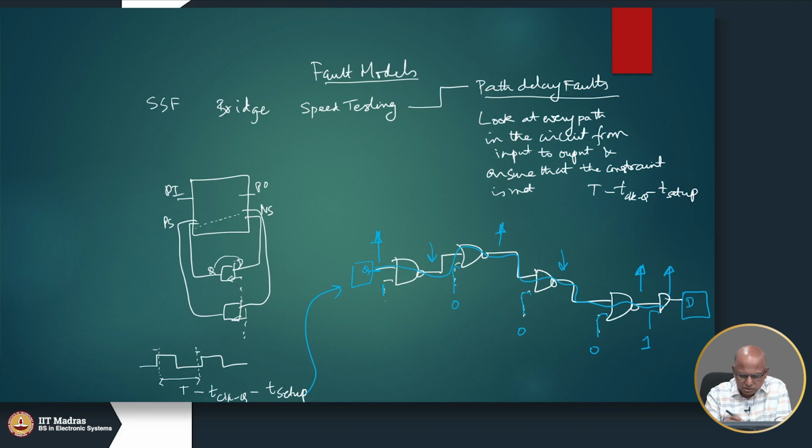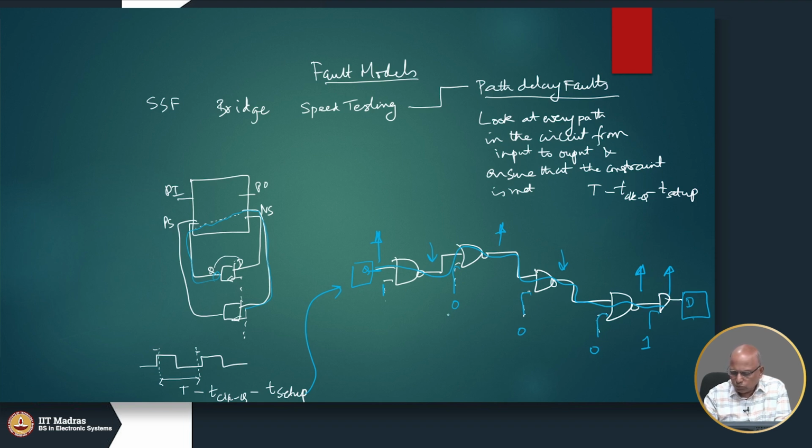So, I must somehow manage to put a transition on Q, let us say on this flop. That transition will travel all the way and come here, and we must set all the inputs to the other gates in the path such that the transition passes.